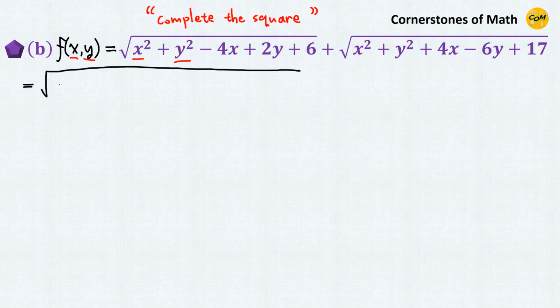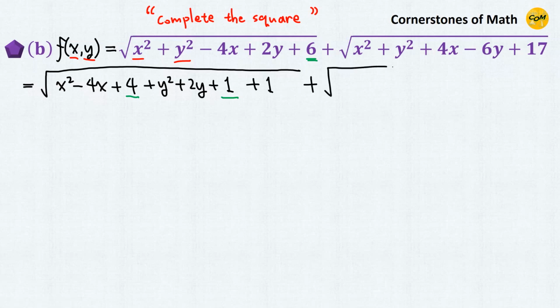In the first radical, we have x squared minus 4x, so in order to complete the square, we need plus 4. Then for y terms, we have y squared plus 2y, so we need plus 1 to complete the square. Now 4 plus 1 is equal to 5, but since we have 6 as a constant term, we need an additional plus 1 at the end.